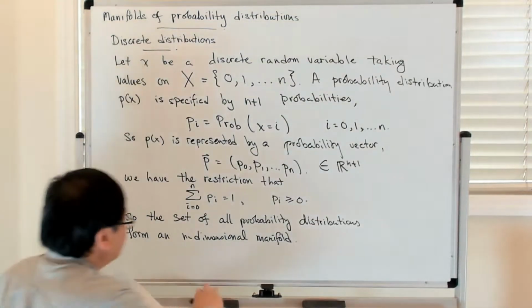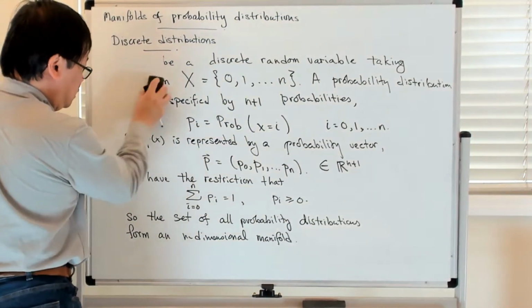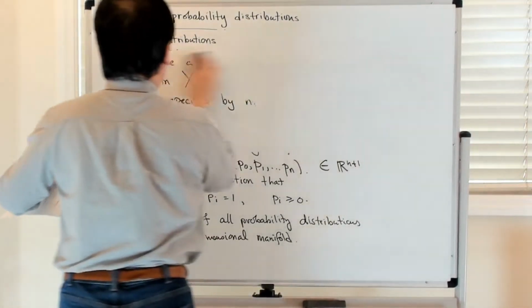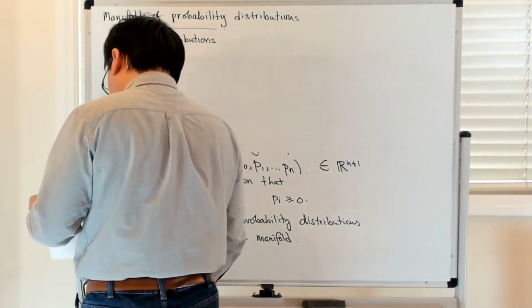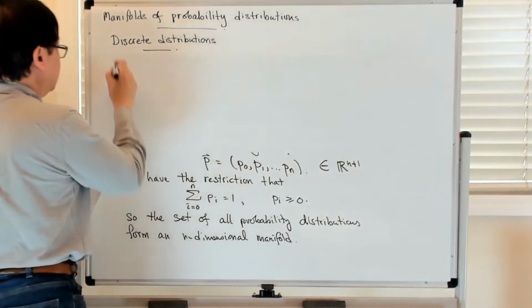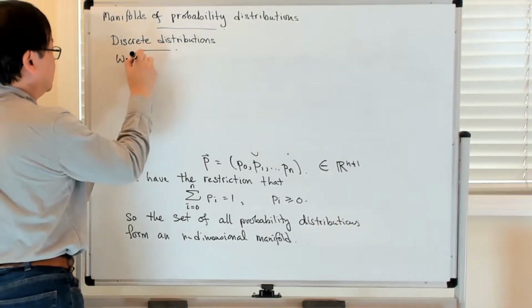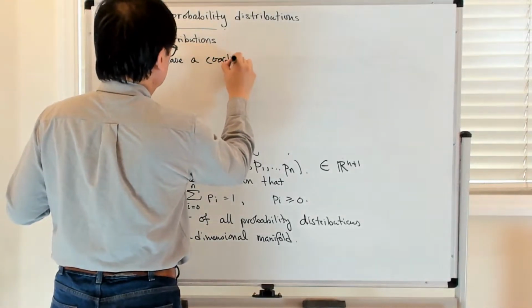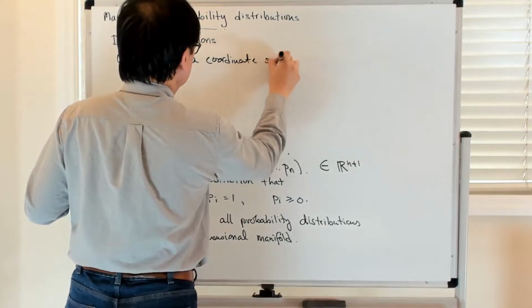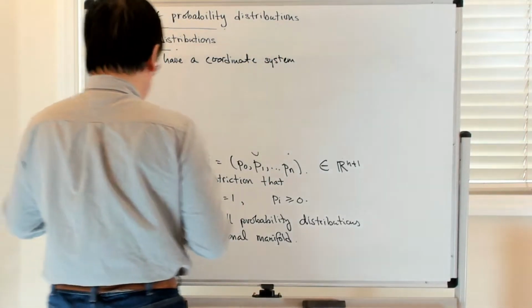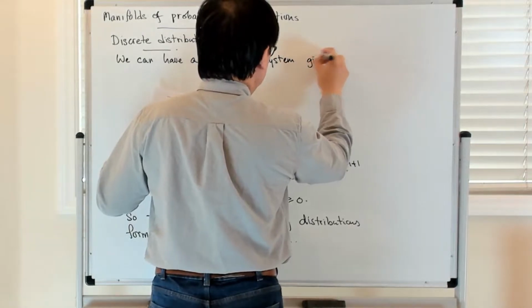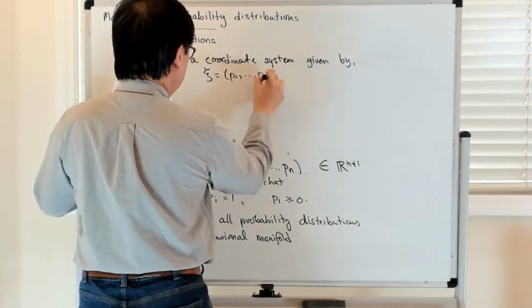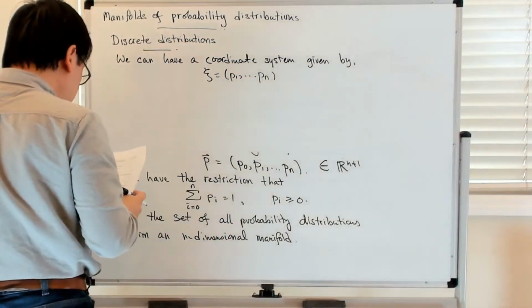So let me try to make that a bit more precise. We can have a coordinate system given by, for example, just the P1 to Pn components.